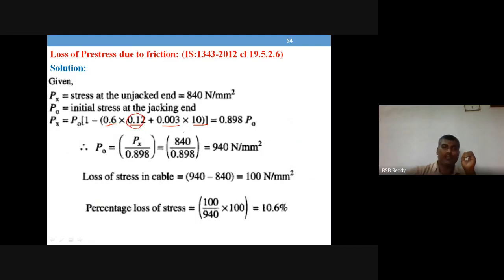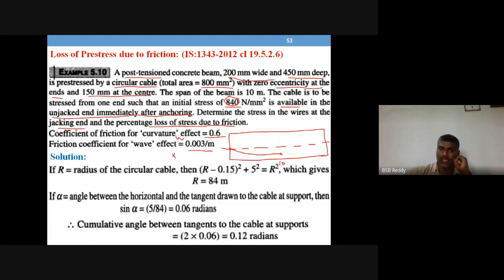Do you know what alpha is? It is the angle between the tangents drawn at the two ends of the cable. Even if you take the half of the beam, you can just double the value, as I told you. So this is the angle that you need, alpha.